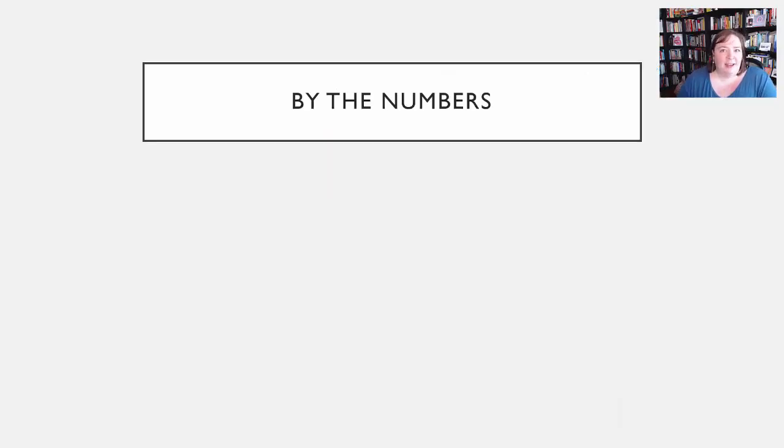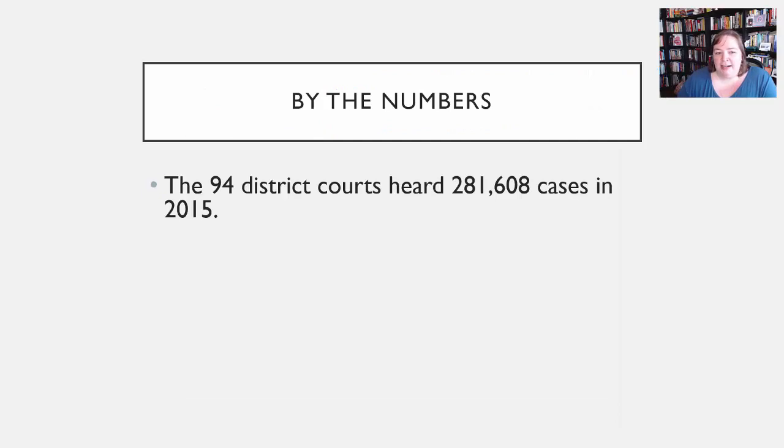Let me give you a sense of the scope of the federal judiciary. There are 94 trial courts in the federal court system. Let's pause for a moment and make sure we're clear that we are talking about the federal, or national, court system here. There are also state court and local court systems that are not included here. But there are 94 different federal trial courts in the United States, and in 2015, they heard just under 300,000 cases.